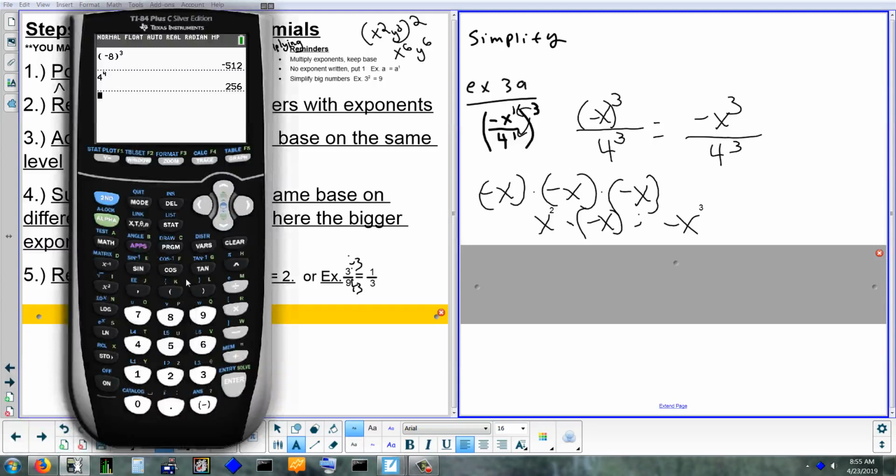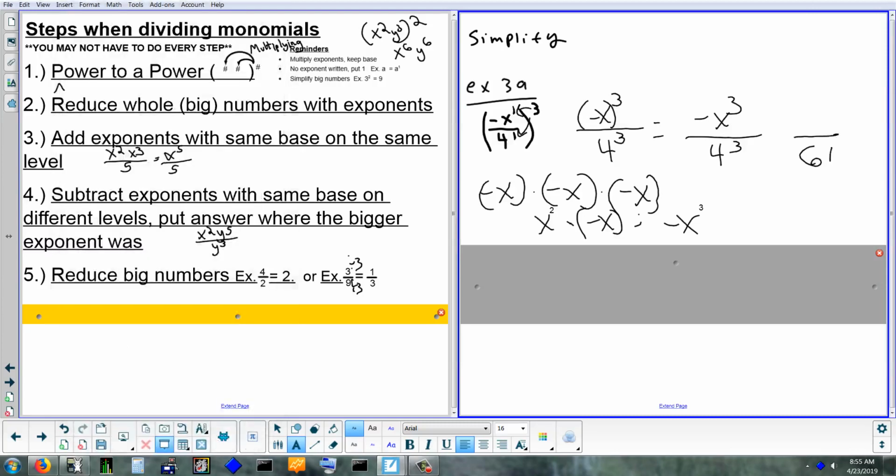No, because it's just a positive base. Remember, we want to put parentheses when we have a negative base. If you have a positive base, it doesn't matter. So 4 to the third is 64. 64 is going to go on the bottom. Negative x cubed.